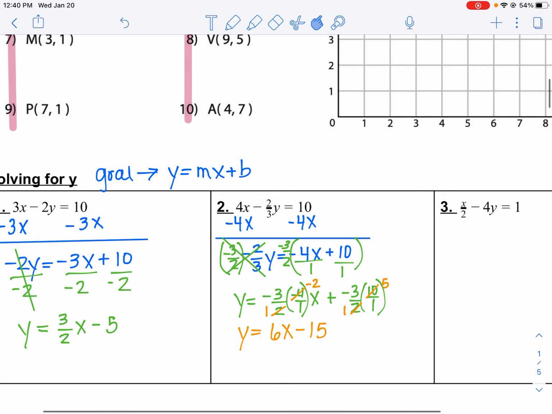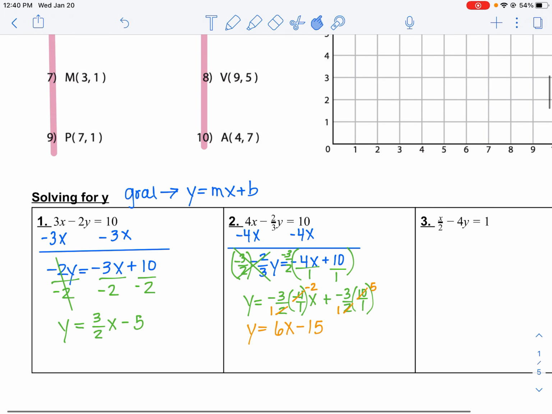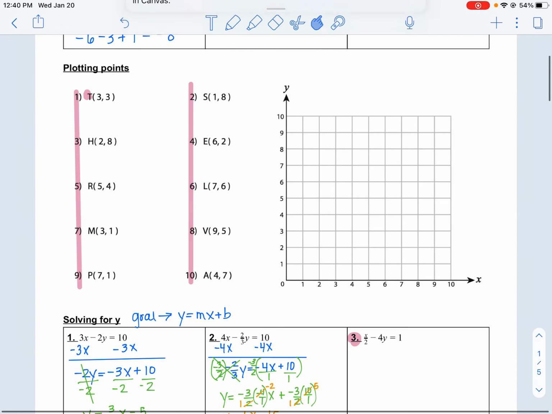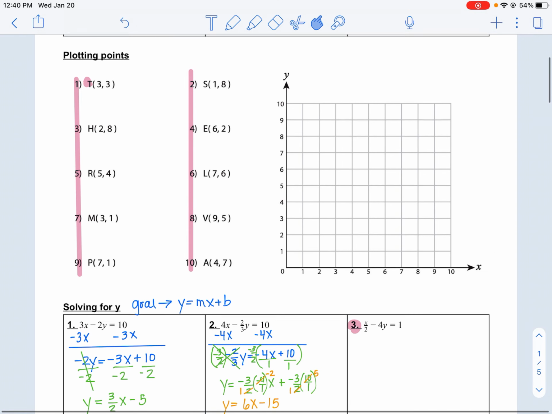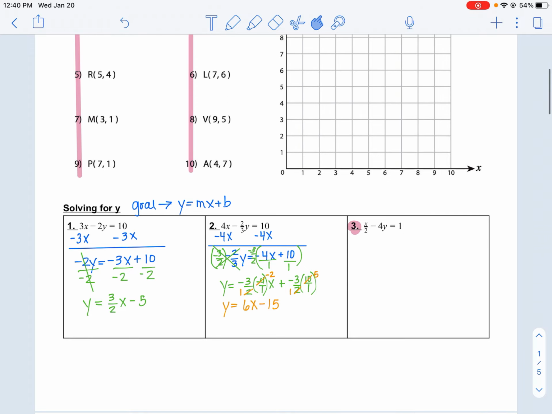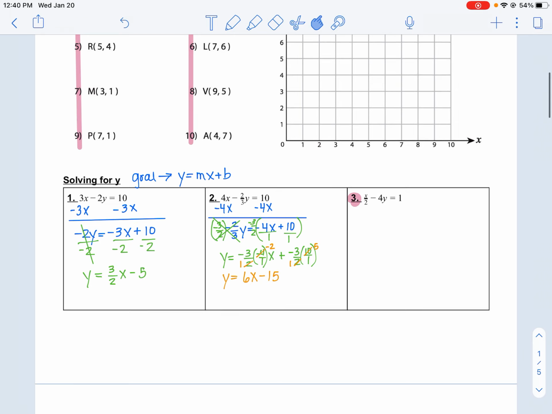I want you to try number 3 on your own. In the what you learned section, you should have the top 2 plus the coordinates, and then number 3 in solving for y. You can pause this and work on those, or you can choose to go on. We will go over those in class together the next day.